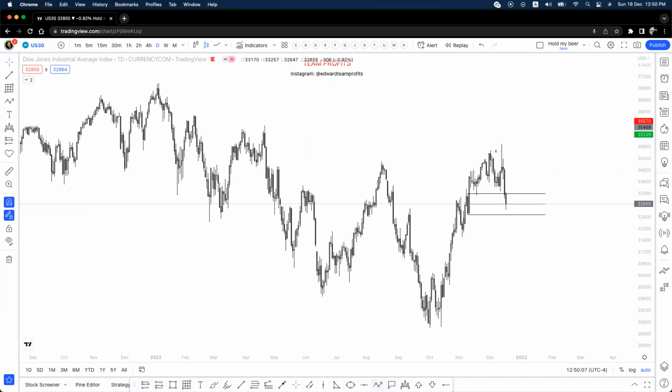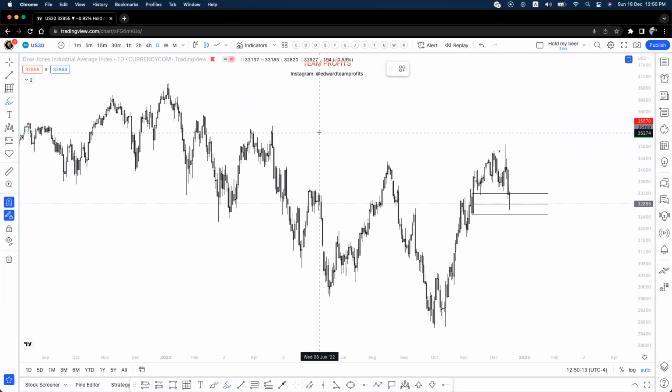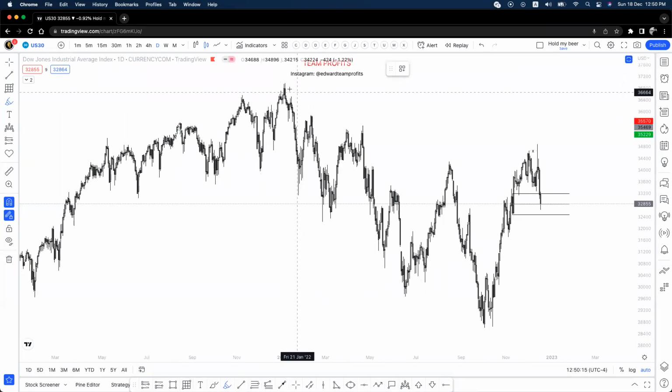Because if we mark this up, based on a structure right here, let's say we go from the top. We have an impulse, correction, impulse, correction. Right here, this entire thing was an impulse. Right here, that's the correction. Impulse.